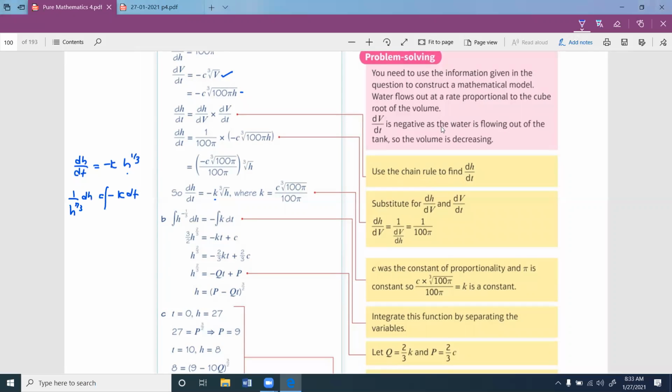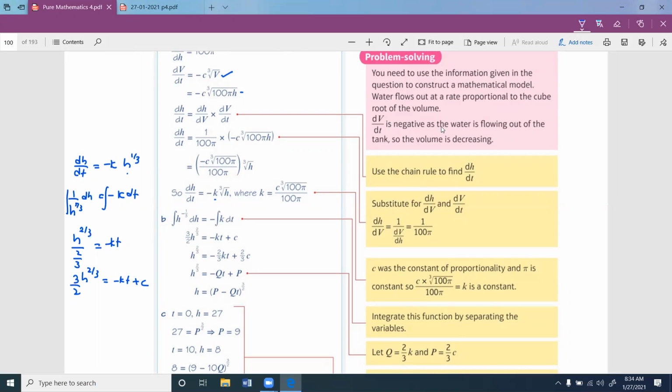Then integrate both sides. What you get is h to the power 2 over 3, over 2 over 3, is equal to minus kt. Then you can write this as 3 over 2, h to the power 2 over 3 is equal to minus kt plus c.